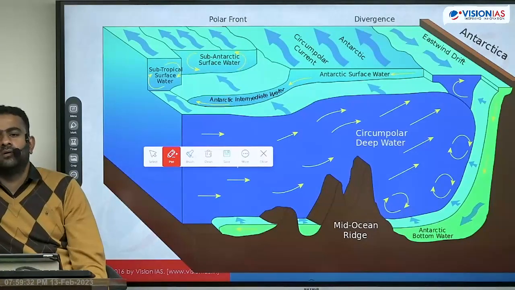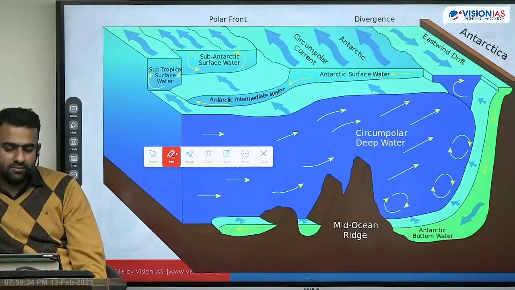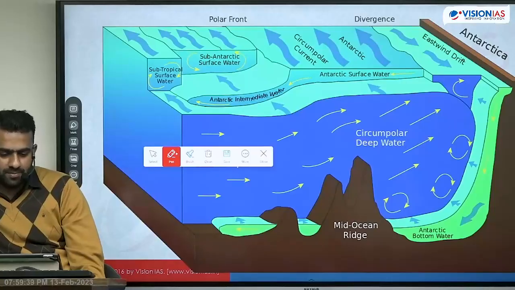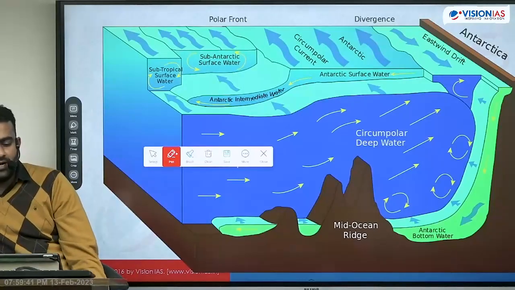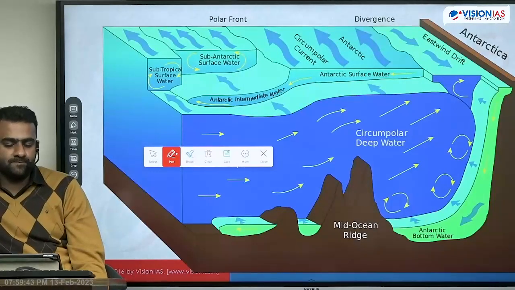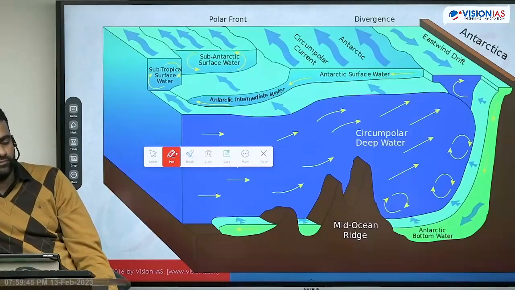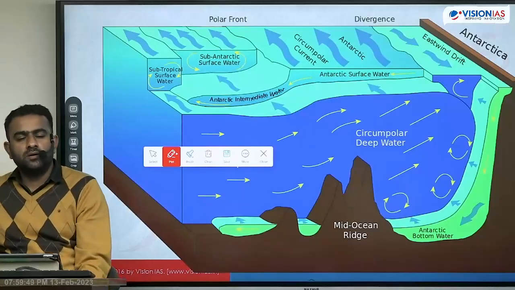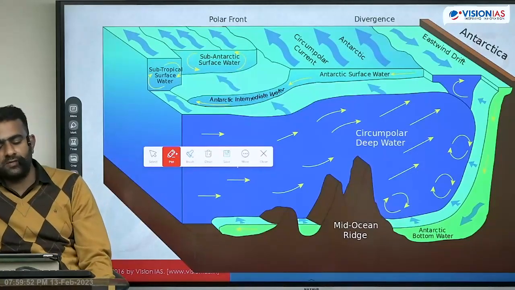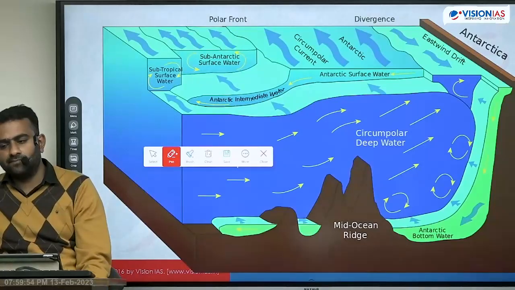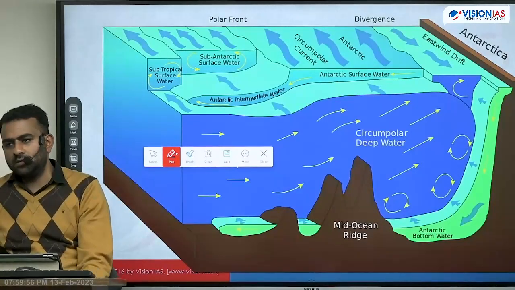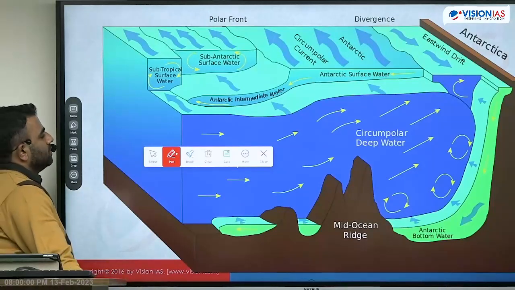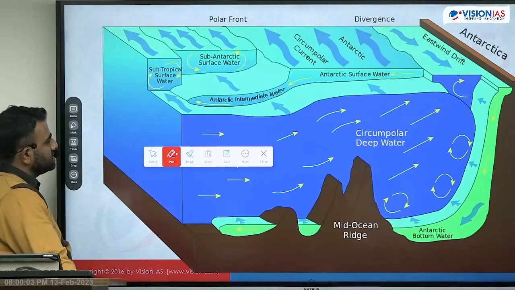They are of three types. Surface water mass, example, Antarctic surface water mass.